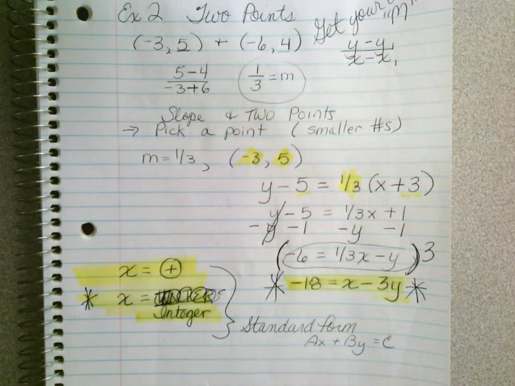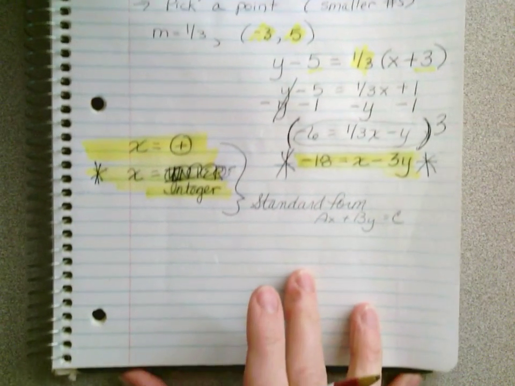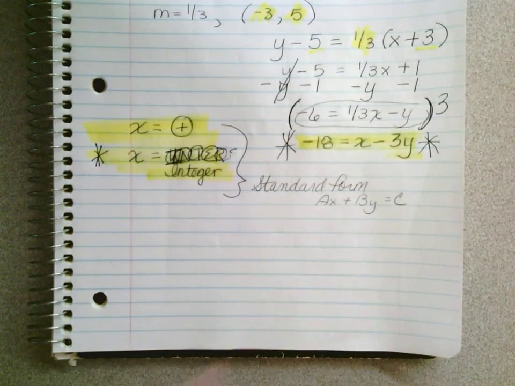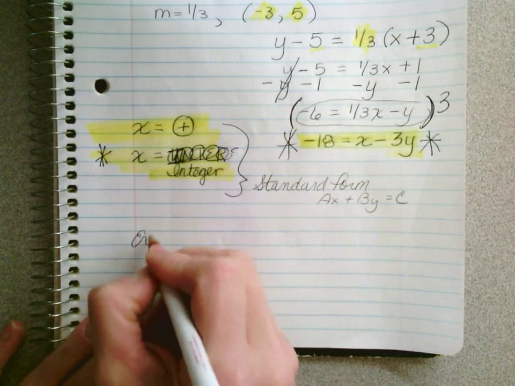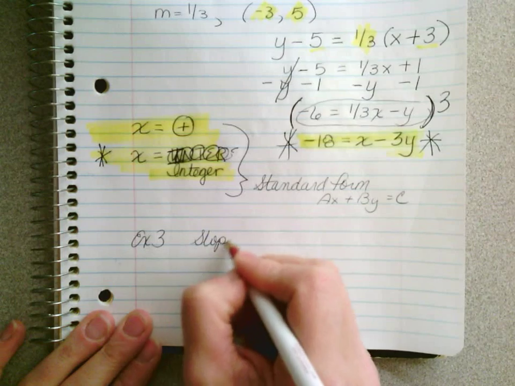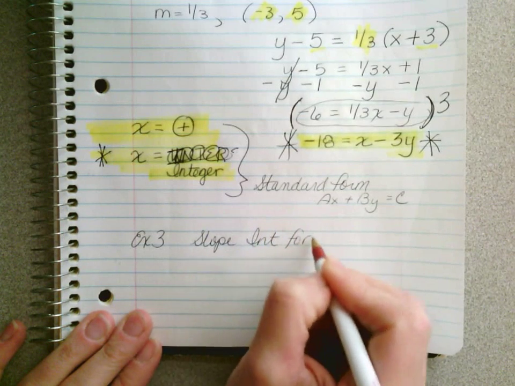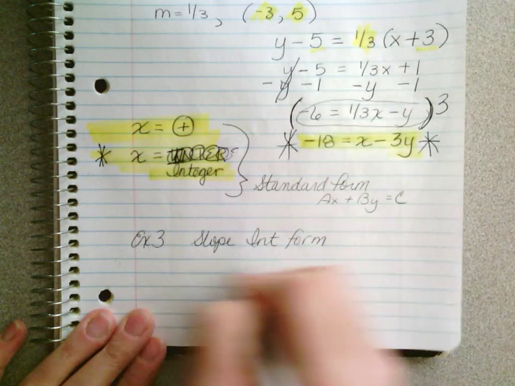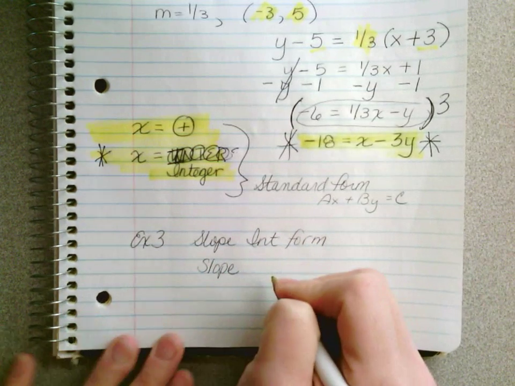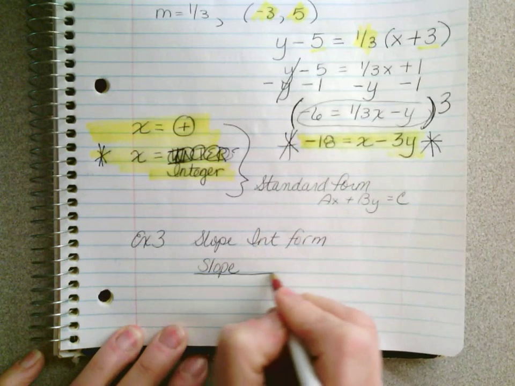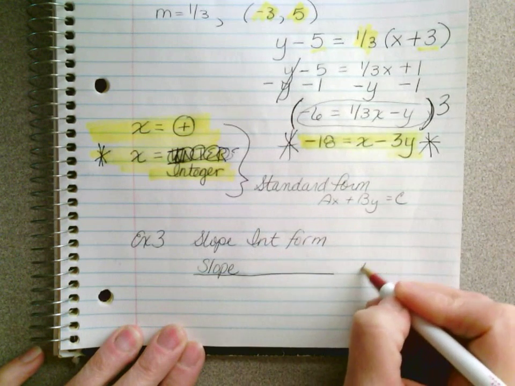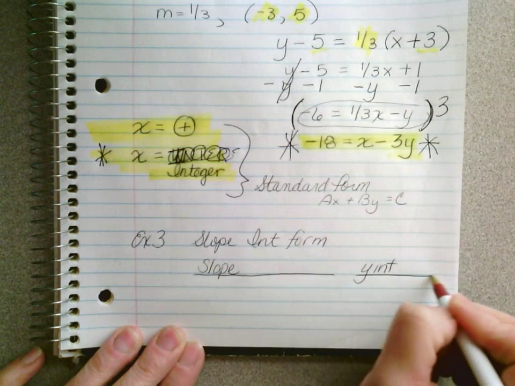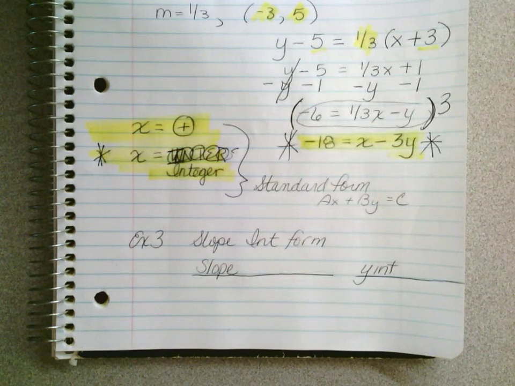Okay? The last thing that I have for today, and I promise this is the last bit, is utilizing slope-intercept form. And this one's super easy. Utilizing slope-intercept form, when you are given slope and when you are given the y-intercept, in other words, where the line crosses the y-axis, the up-down axis.